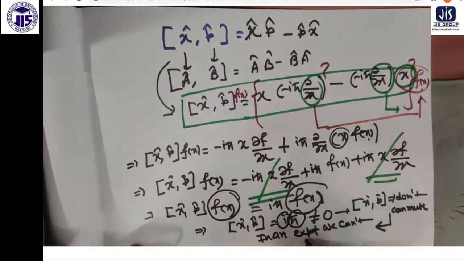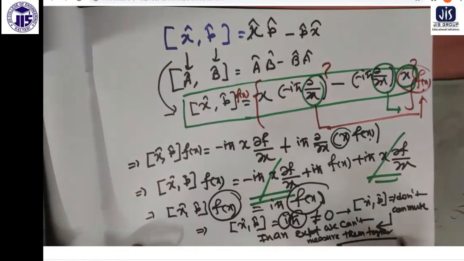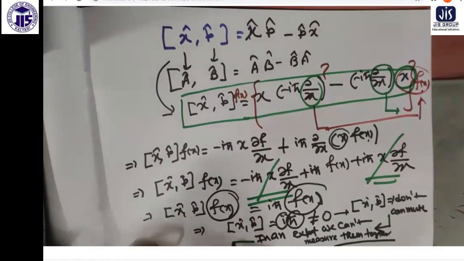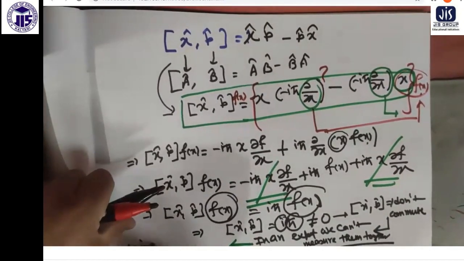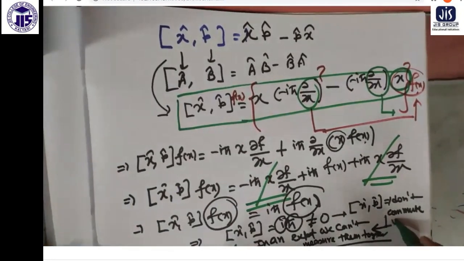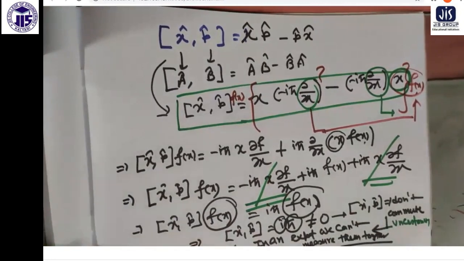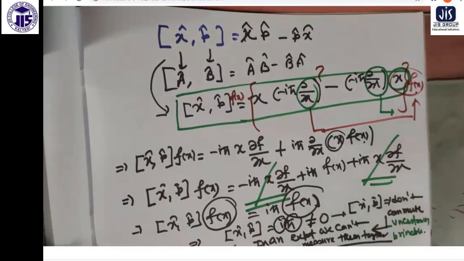So position and momentum cannot be measured together in an experiment, and that is nothing but Heisenberg's uncertainty principle in position and momentum, which you have already learned earlier. So you are getting Heisenberg's uncertainty principle through the operator method.